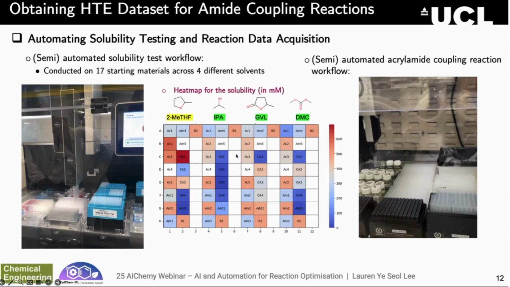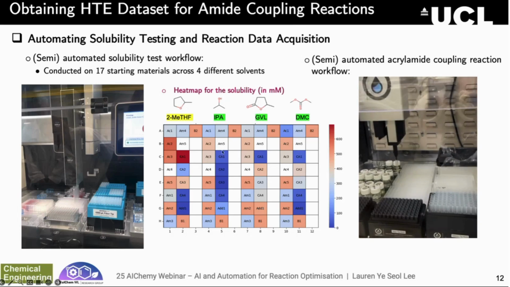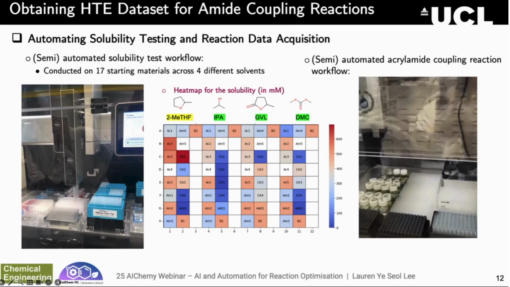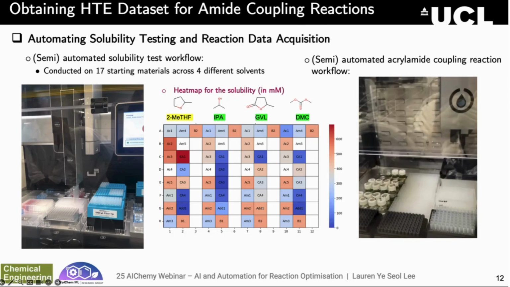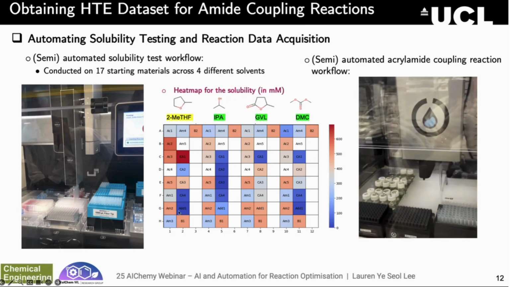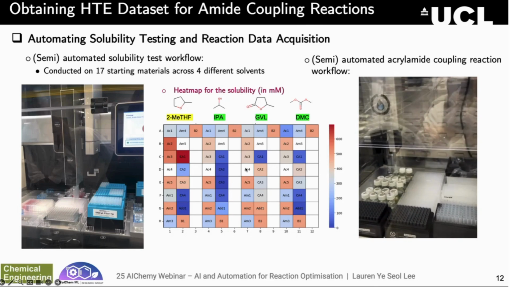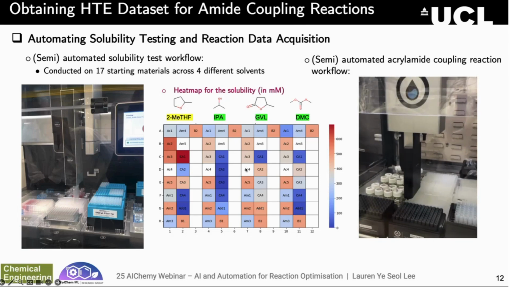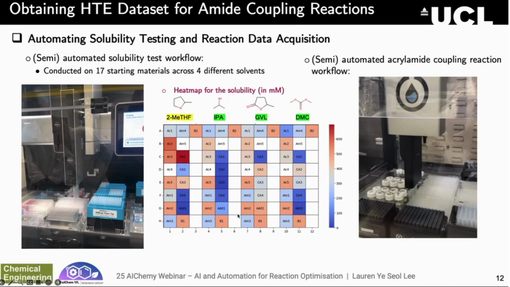Briefly speaking, in terms of the results for solubility testing, we observed significant variability in the solubility of our starting chemicals, with concentrations spanning a wide range. This really highlights the critical need for solubility-aware reaction planning, so that we can better predict the reaction yield at the end.